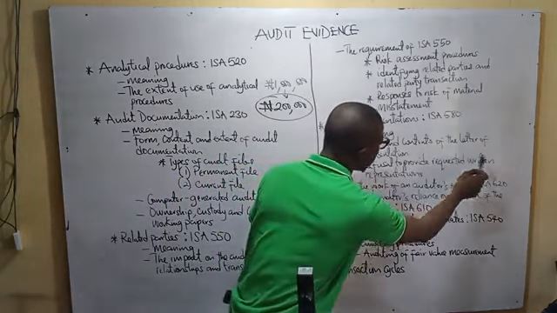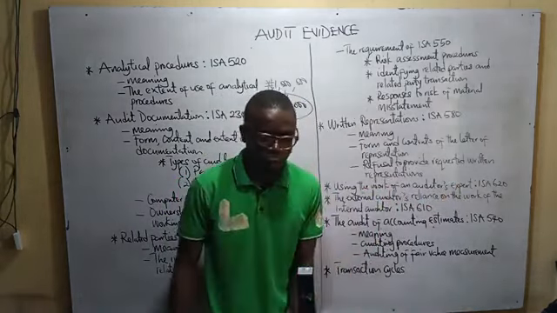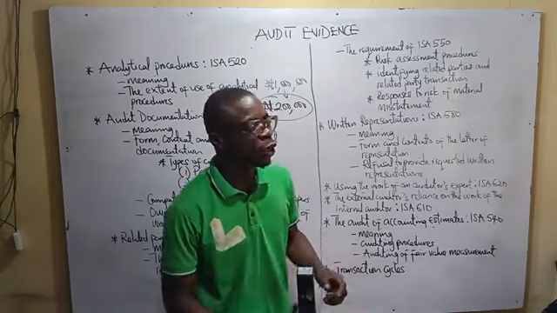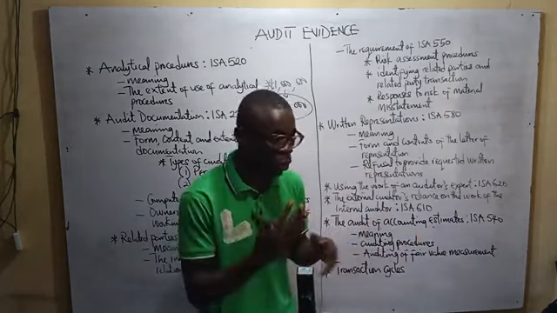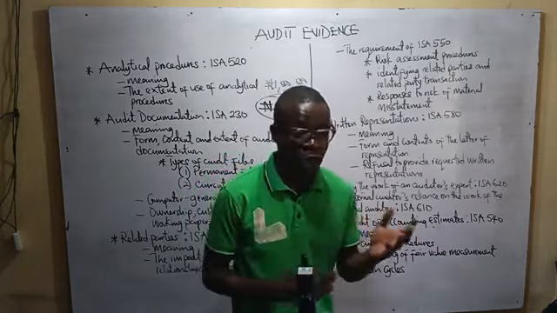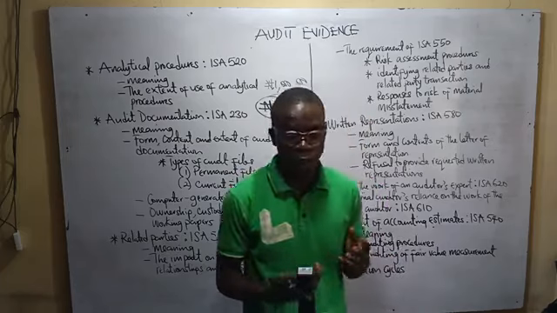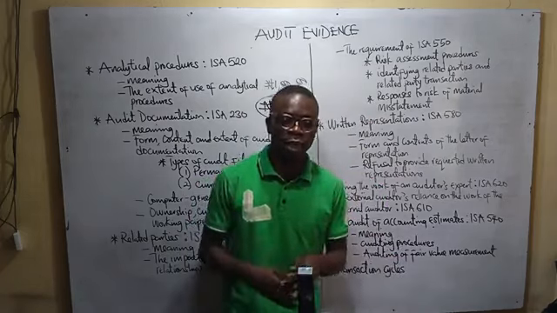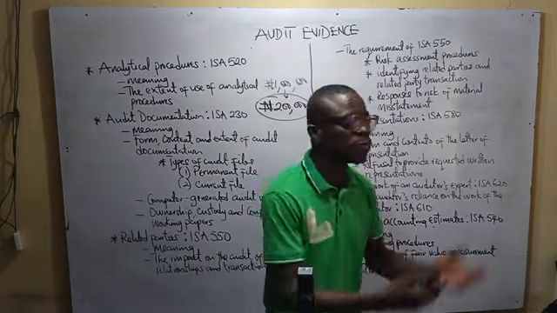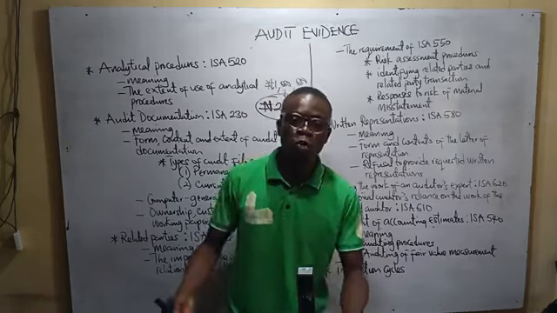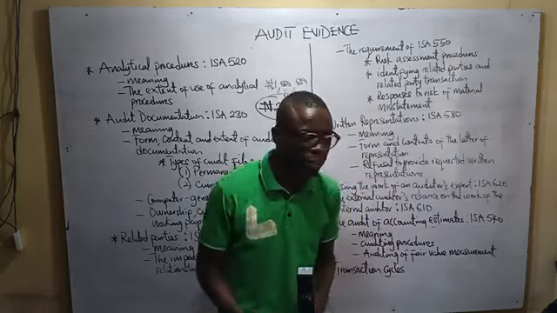Refusal to provide requested written representation. That means, look at it, you have been asking for written representation on some specific area of the financial statements, and the management has been providing it. Now, on a particular area, you request written representation and they refuse to provide it.